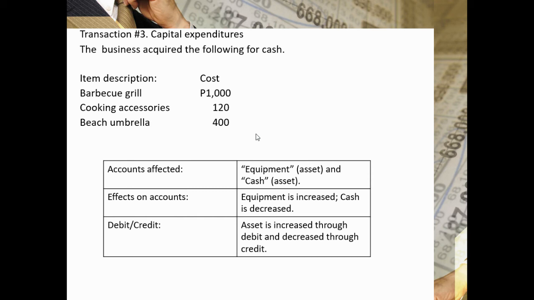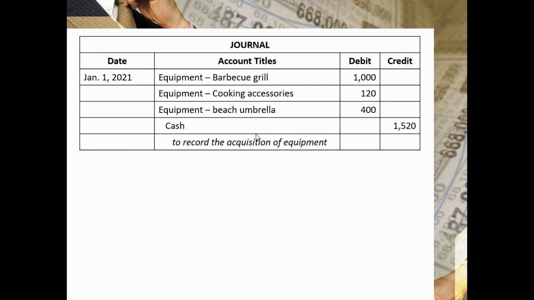Madadagdagan yung equipment mo kasi bumili ka. Pero mababawasan yung cash mo kasi yun yung ginamit mong pambayad. So dahil nag-increase sa equipment, it will be debited. At dahil nag-decrease si cash, it should be credited. So this will now be the entry.